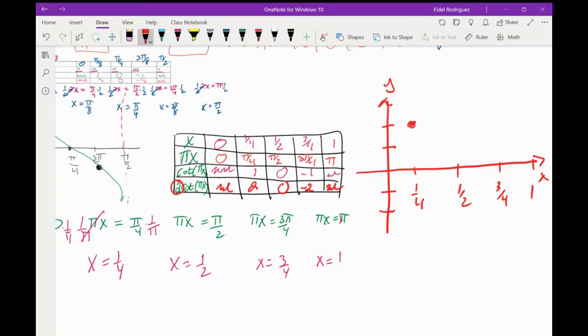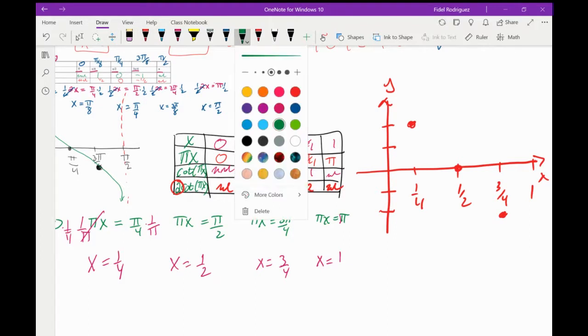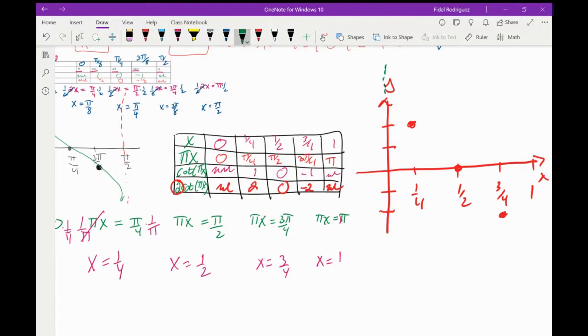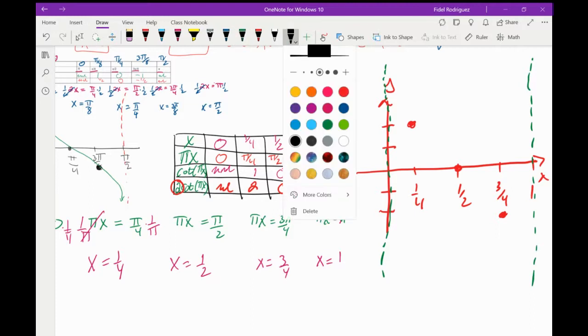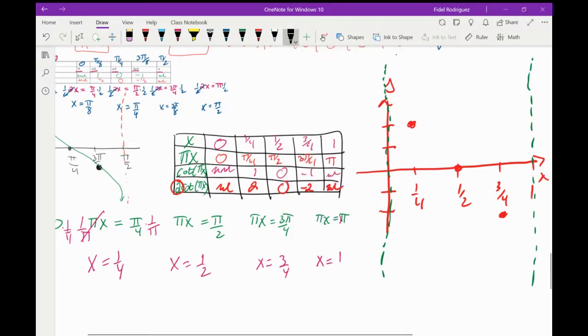And we're fluctuating between 2 and -2. And we know that we have the vertical asymptote, one right here and one over here. And so my graph is going to look like this.